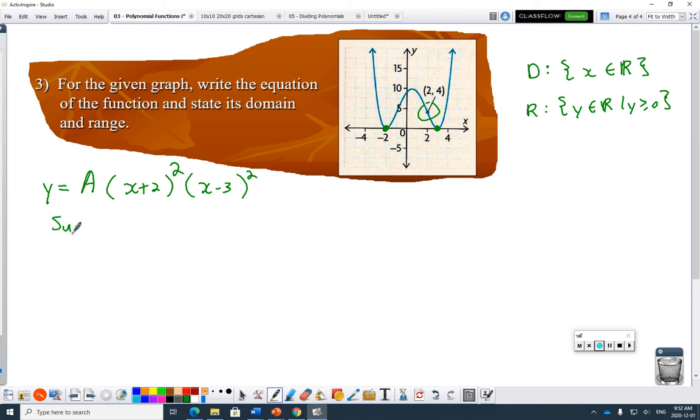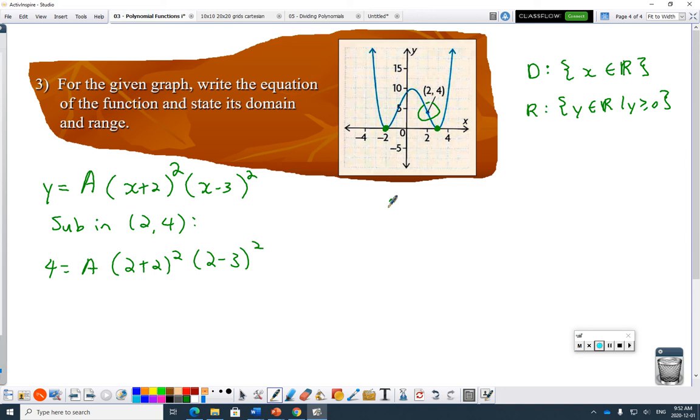Sub in 2, 4. And again, in this chapter, it may look like a big, hairy, scary mess, but when you sub in 2, 4, life will get good really fast. 4 equals a(2 plus 2) squared (2 minus 3) squared. You see why it suddenly just simplifies completely? The x and the y's are all gone now. It's all just numbers. The rest of it's just basic math, working these things out.